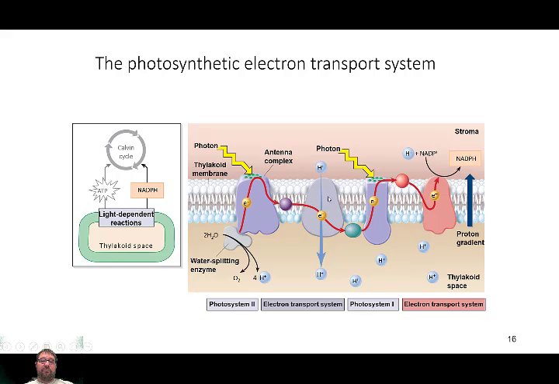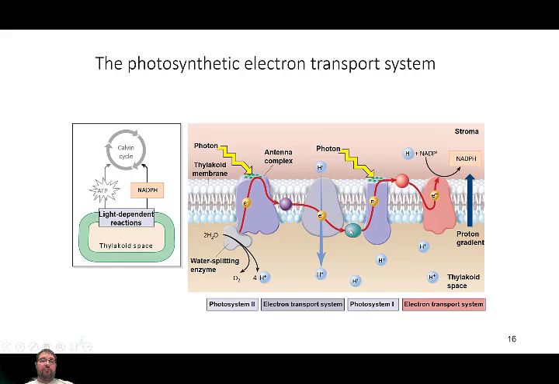This protein is sometimes referred to as a proton pump because it's pumping hydrogen ions across the membrane, because hydrogen ions can't move through this membrane because they have a positive charge. So it's pumping them across and creating a proton gradient, a bunch of protons on one side of the membrane and very few on the other side of the membrane.